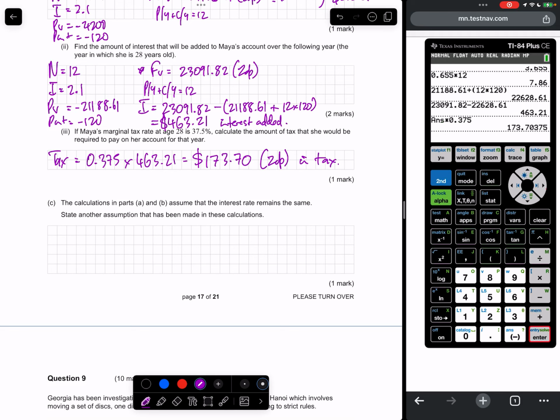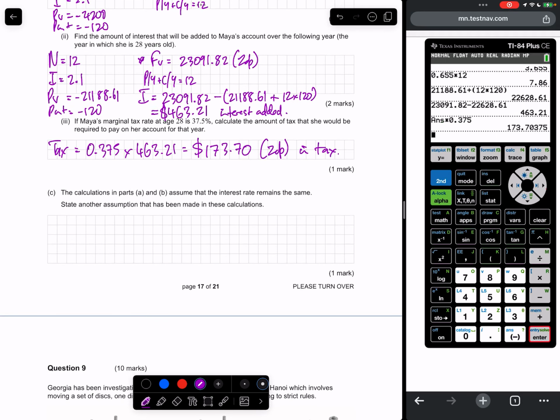The calculations in parts A and B assume that the interest rate stays the same. What's another assumption that's been made? 1 mark. We assume she makes the $120 payment. What else?